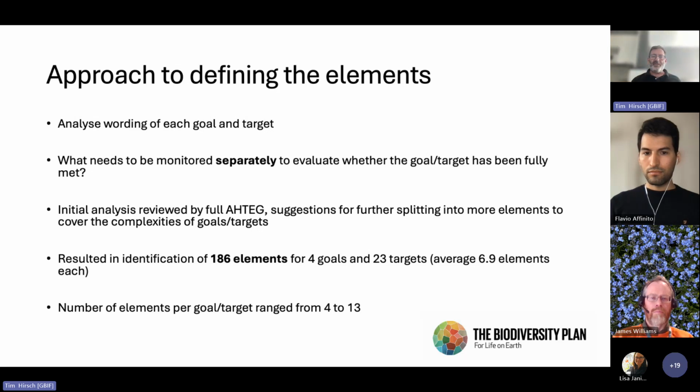And the outcome was identification of a very large number of elements, 186 elements running across the 4 goals and 23 targets. So that's an average of nearly 7 elements per target. But because of the difference among the targets and goals, there was quite a wide variation. So the number of elements per goal or target ranged from 4 at the lowest to 13 at the highest.